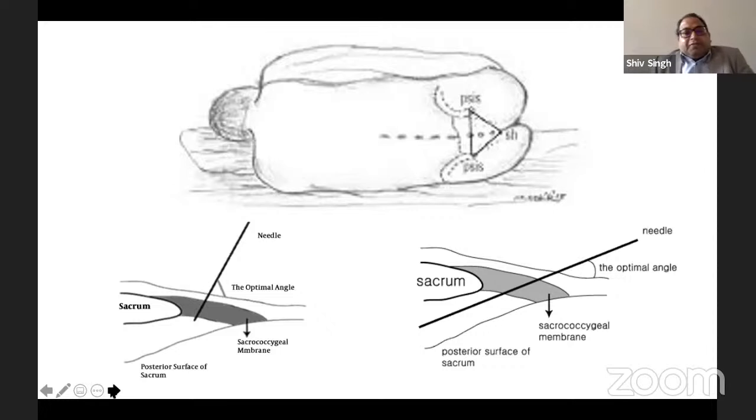There are lots of anatomical variations in this area. In the elderly, the sacrococcygeal membrane might be calcified, and sometimes it's difficult to enter the space. So you have to remember that.